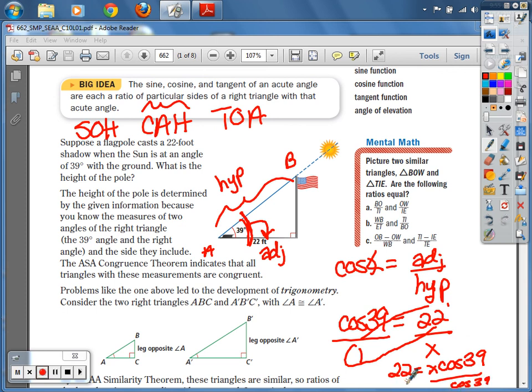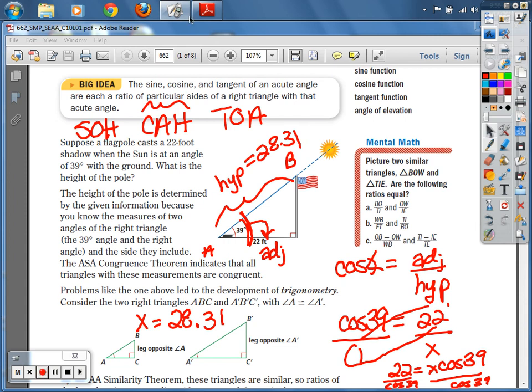I know I'm kind of running out of space here. And we're going to type that in our calculator. It'll be 22 divided by cosine 39. Enter. And I get, for x, 28.31. So the hypotenuse was about 28.31.